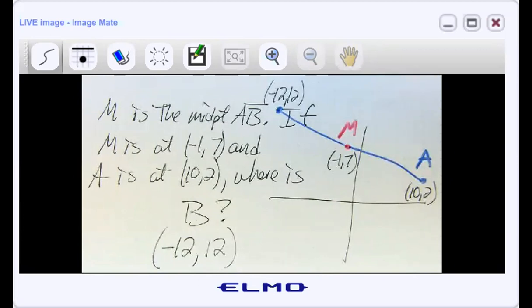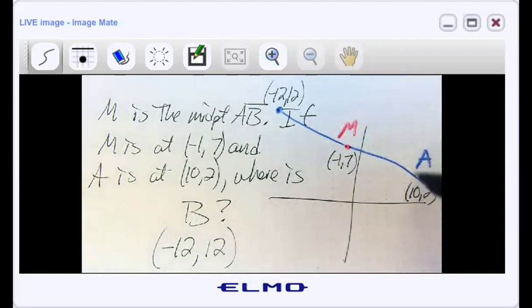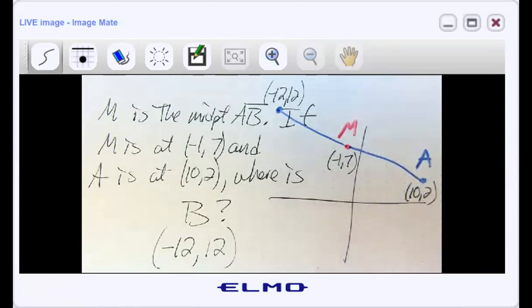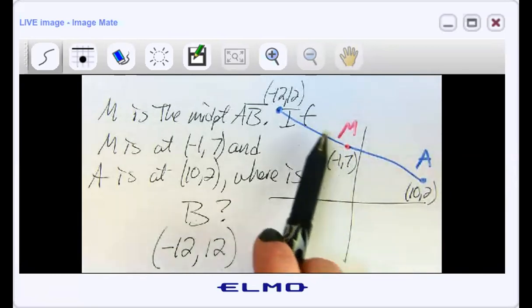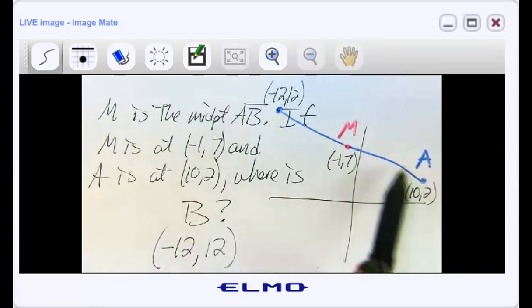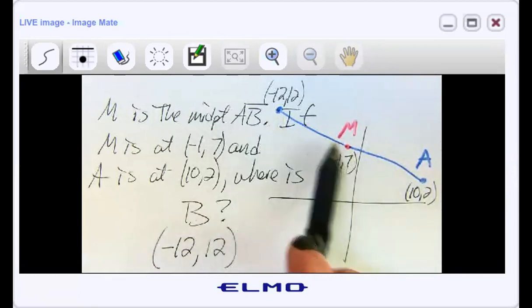Okay, I'll give you a hint. If I'm starting at A and going to M, don't I have to now go from M and get to B? How did you get from here to here? And then don't you need to do the same thing to get from here to here?